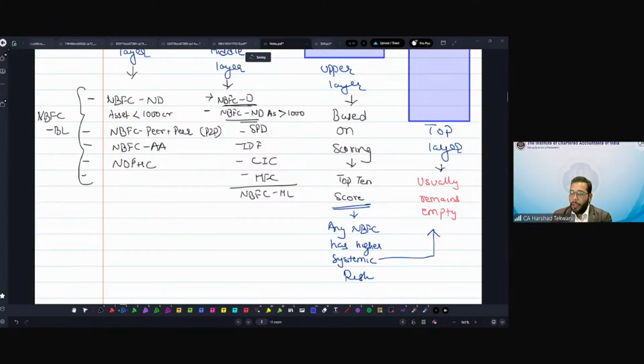Clear? Any doubt with respect to which NBFC and what are these layers? Any doubt?